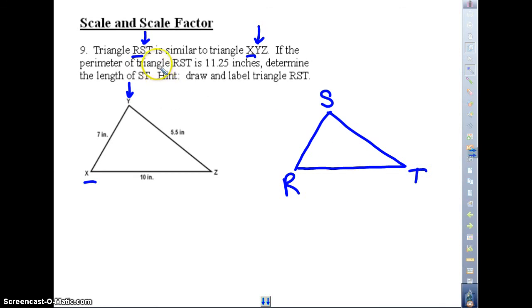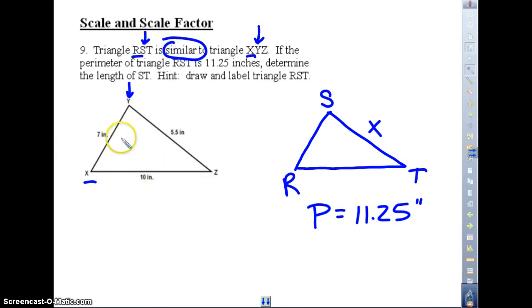It says if the perimeter of triangle RST is 11.25 inches, determine the length of ST from here to here. Hint, draw and label triangle RST. One of the things you guys were supposed to learn was that perimeters are also proportional to side lengths if the triangles, or if the figures, are similar.